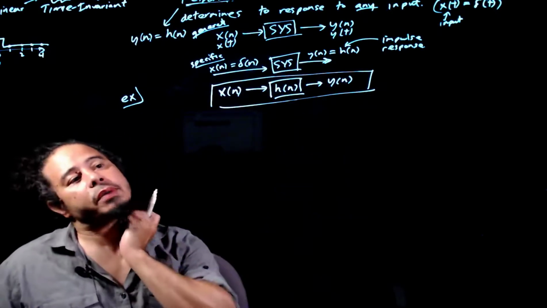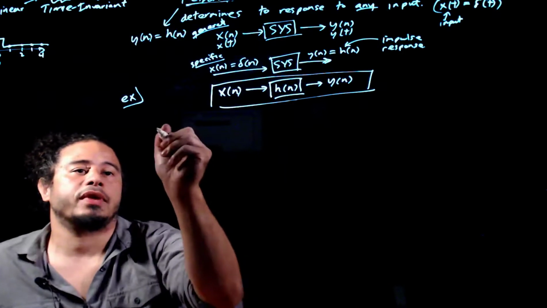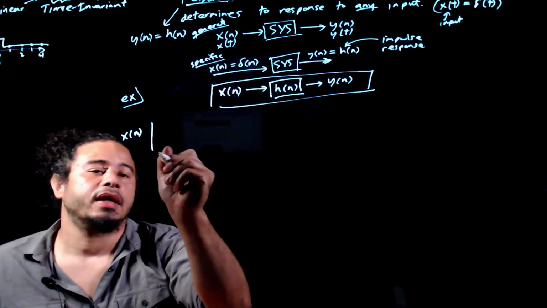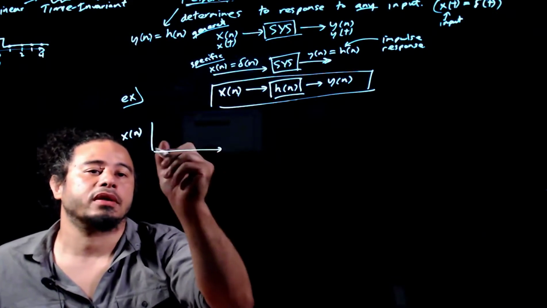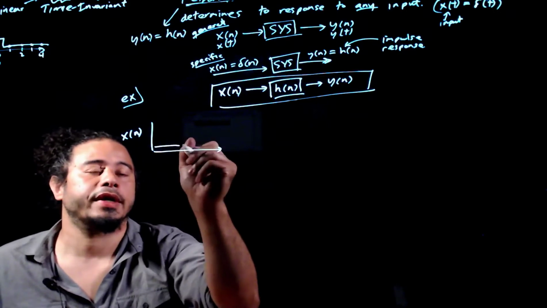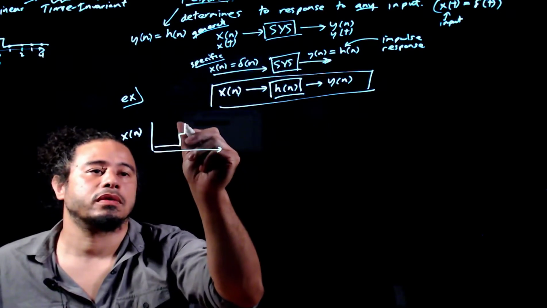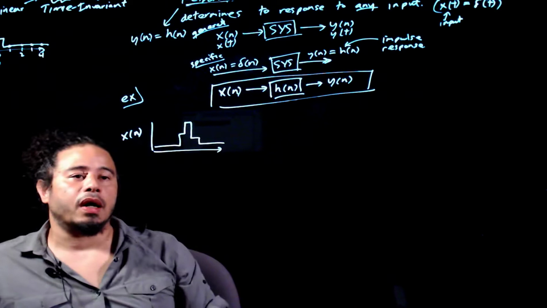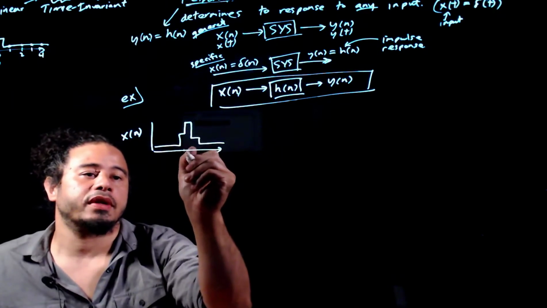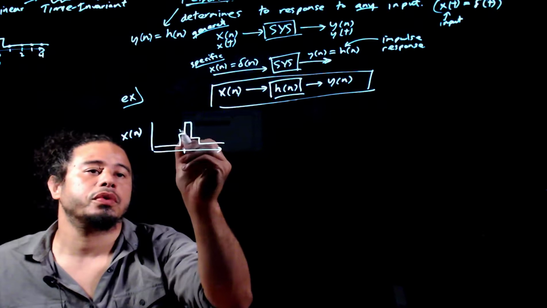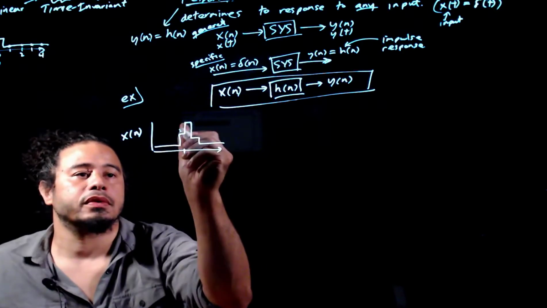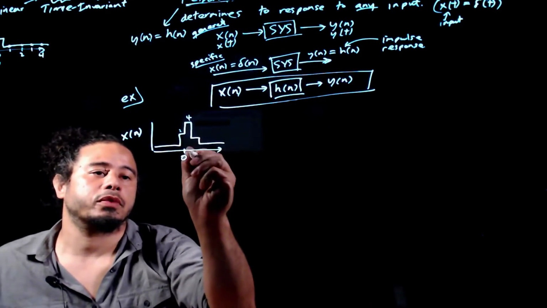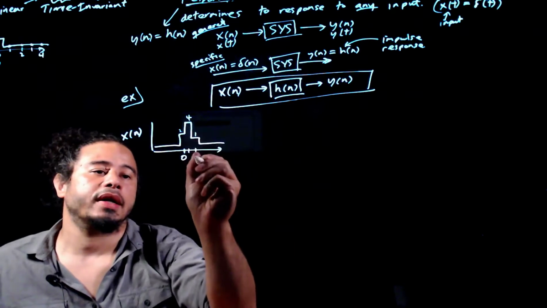Okay. Now, for example, I'll draw just some arbitrary x of n. Okay, and let's make it look like, I don't know, this. Okay, so for this x of n, we'll give it a value of 2 at time equals 0, and a value of 4 at time equals 1, and a value of 1 at time equals 2.